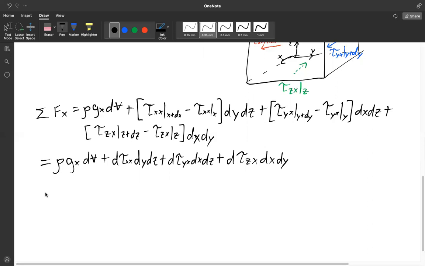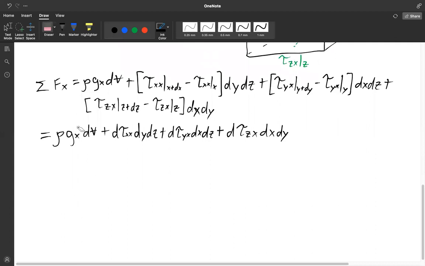So our entire equation will be the following here.